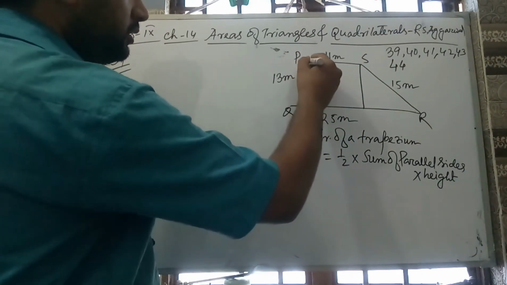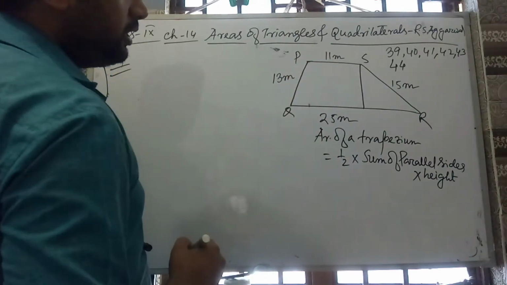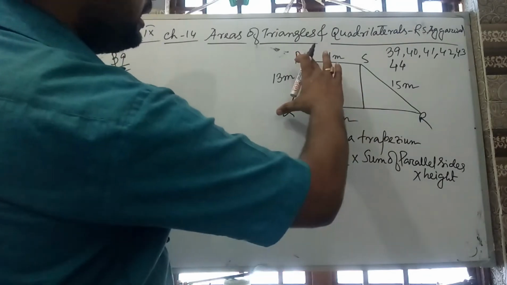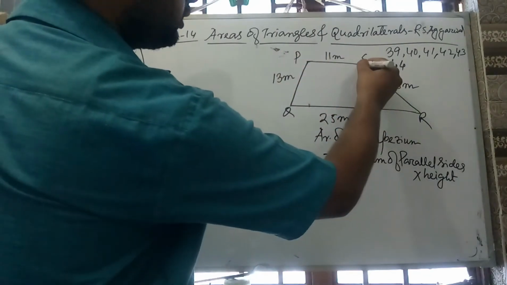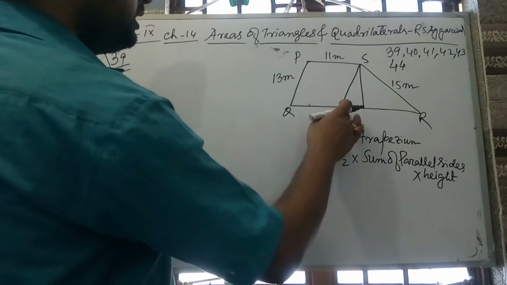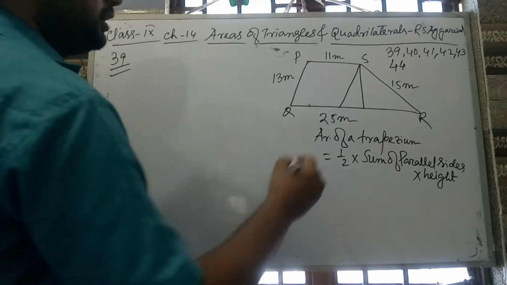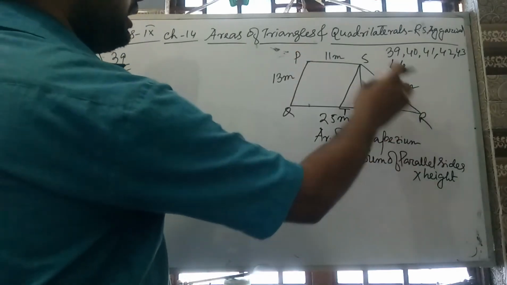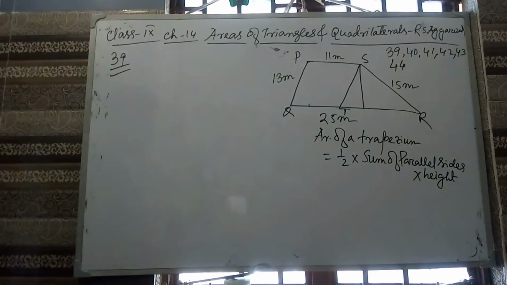PQ is given 13 meter. If we draw a line which is parallel to PQ and which passes through S, let the point be T. P, Q, R, S, that's why I have taken T. You can take anything else.